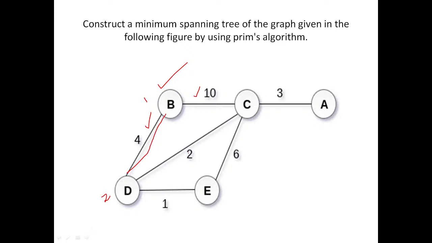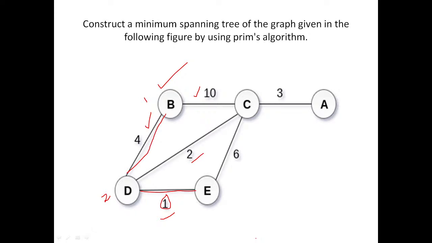See, this is D. D has DE and DC as adjacent edges, and now we'll consider the minimum one. Same process. Which one is minimum? Obviously one, it has the edge weight 1 and the other has the edge weight 2. So this will be considered in our minimum spanning tree. Clear?